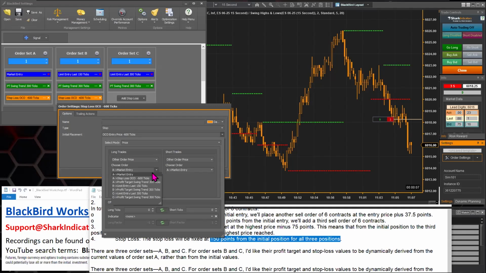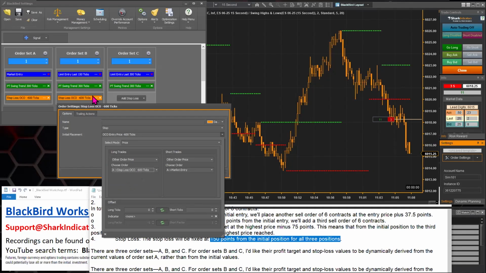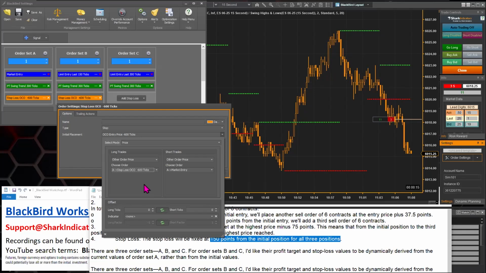And we want to match the stop loss for A. So we want to set the stop loss for B to the stop loss for A. Right? So there we go. So that's how we get all our stop losses to match the initial stop loss position there.